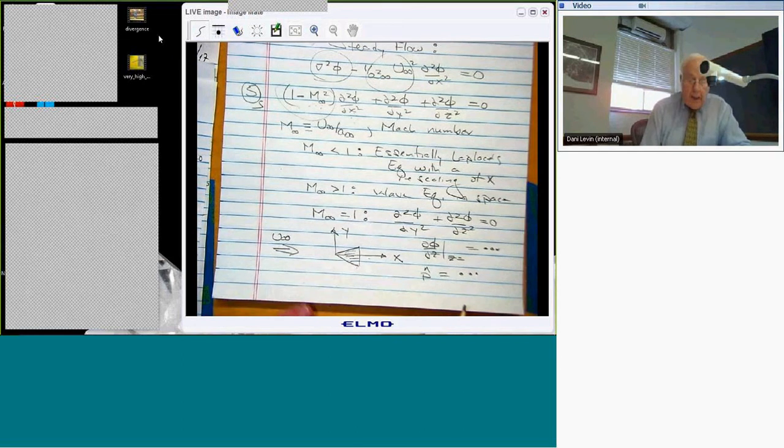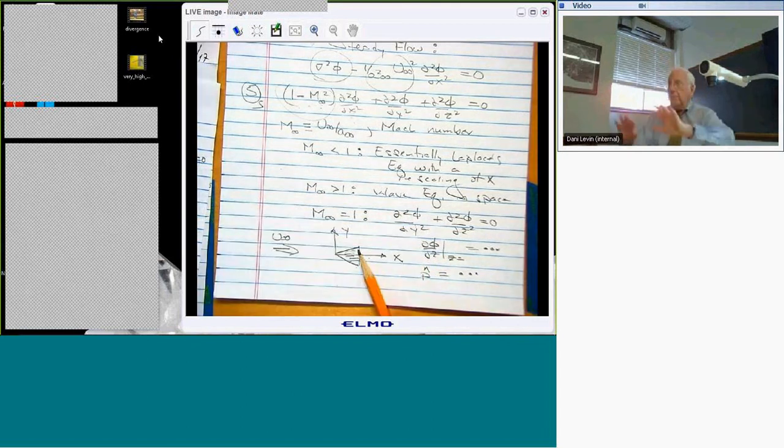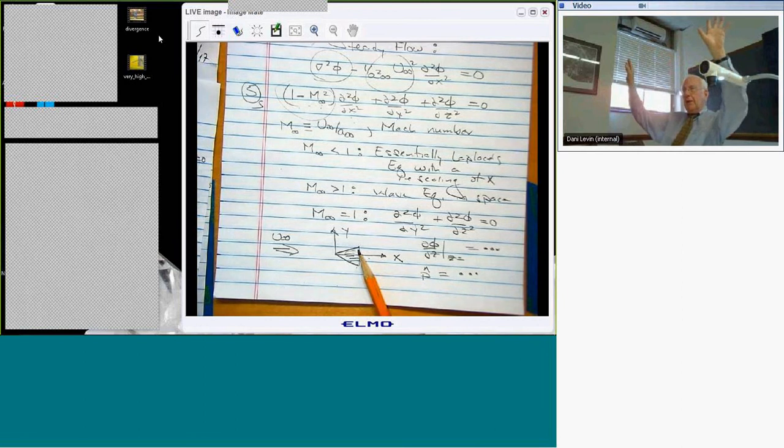And so phi still depends on X, as well as Y and Z. And the dependence on X is given through the boundary condition and through Bernoulli's equation. But the field equation is basically, if you look at it, Laplace's equation in the YZ plane. So basically, the PDE in 3 dimensions is reduced to a PDE in 2 dimensions. And so at each X, you solve this Laplace equation, and you get phi.